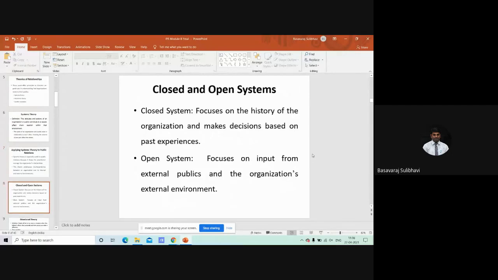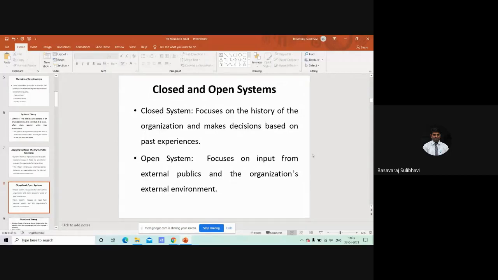Then we have closed and open systems, right? The first one, the closed system, focuses on the history of the organization, which makes any PR practitioner take a decision on the basis of past experience. So this type of system always relies on time series, right? They will have certain data which they are going to validate statistically, and on that basis they are going to take a decision.